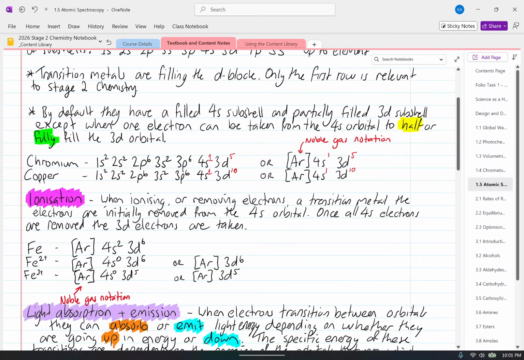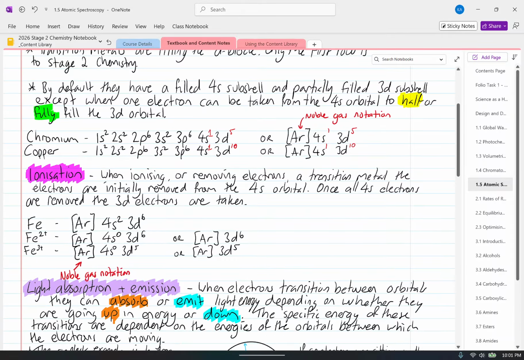Now, when we go to start ionizing, so stripping electrons off of our elements, we have another rule or two. It says here, when ionizing or removing electrons, normally you're going to be removing the latest electrons that you would have added.